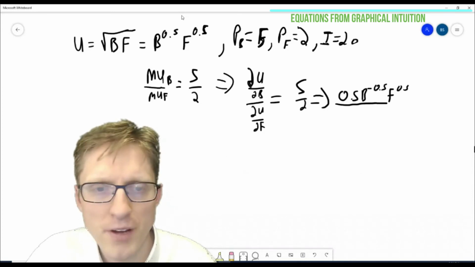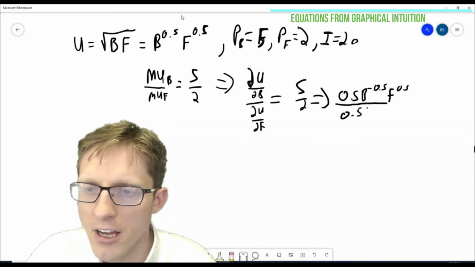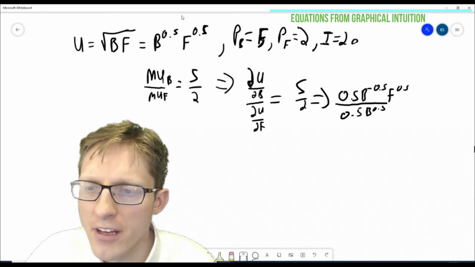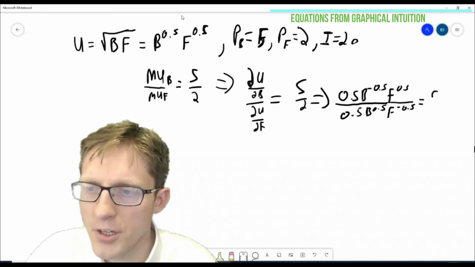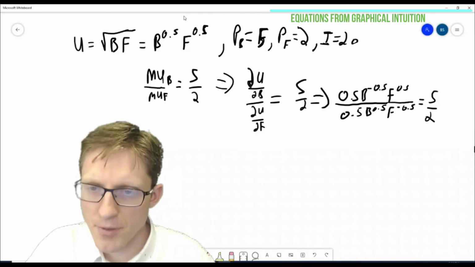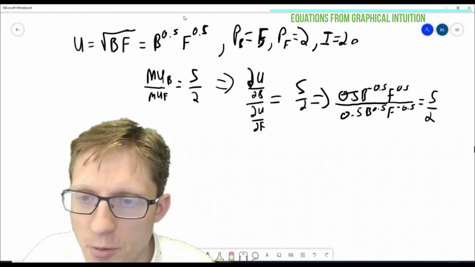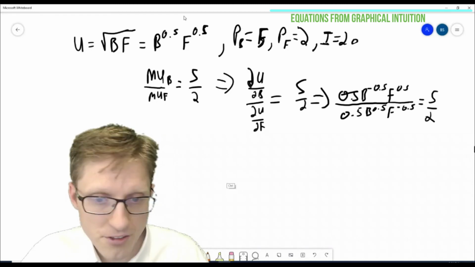And the partial derivative with respect to f is 0.5 times b to the 0.5 times f to the minus 0.5. And again, that's equal to the ratio of prices. Okay, so we can simplify a little bit. We have 0.5 in the numerator multiplied by everything, 0.5 in the denominator multiplied by everything. Those just cancel.